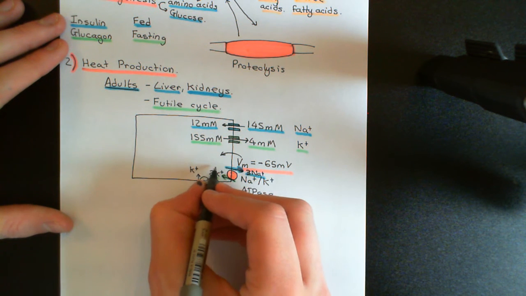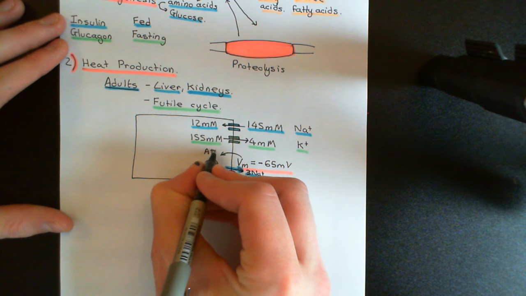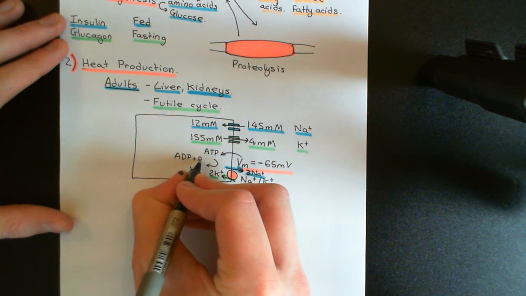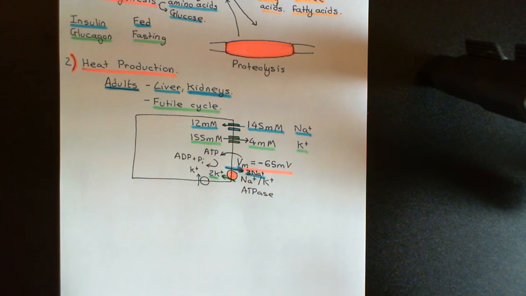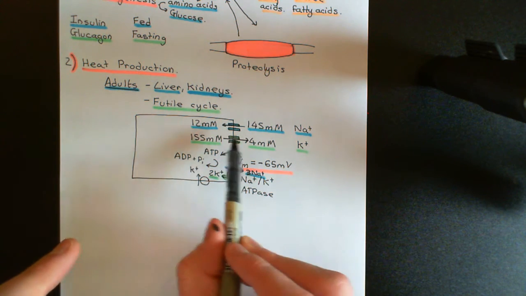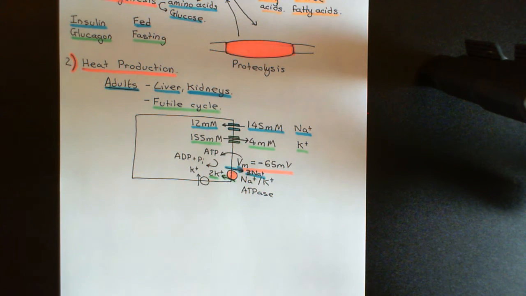And of course these pumps will be using ATP to do this, hydrolyzing ATP down to ADP and inorganic phosphate. So that then is how we maintain the ionic concentrations in the intracellular and extracellular compartments.